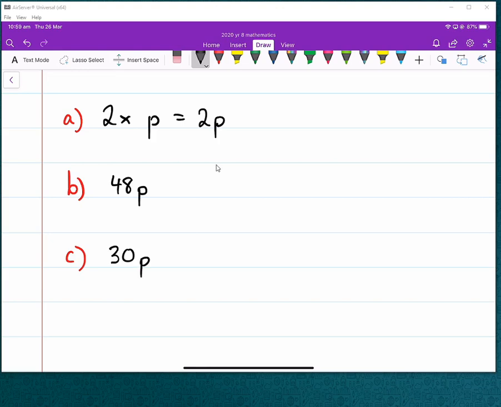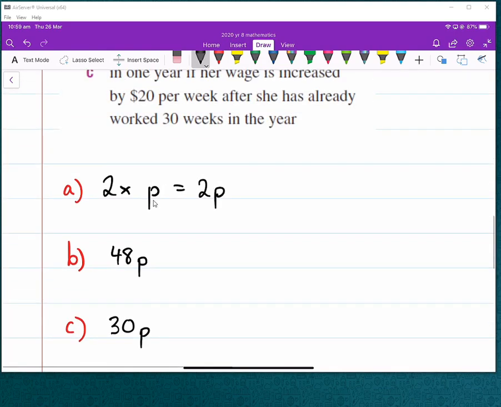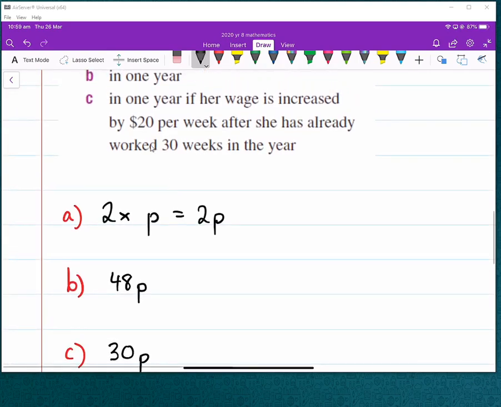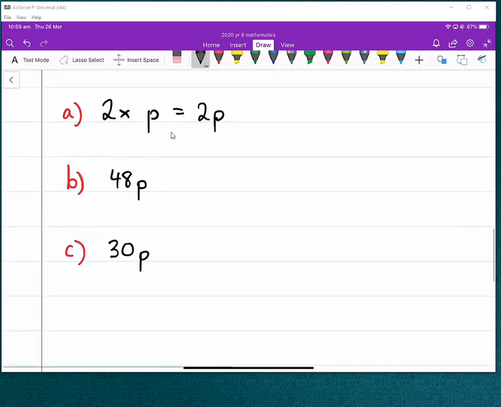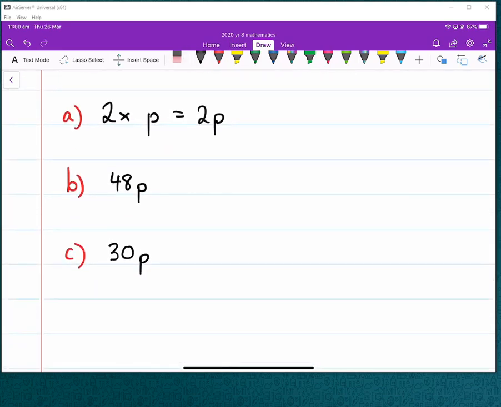And then she's also working another, well, the difference with 48, she's working 18 more weeks of the year. Okay? And in these other 18 weeks of the year, she's getting $20 more per week. So that means plus for 18 weeks, she's getting her normal P dollars, plus $20.